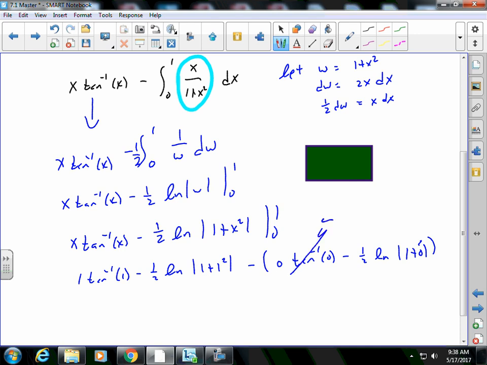This goes to 0. This will go to 0. And I'm left with pi over 4, because the arctan of 1 is pi over 4, minus 1/2 the natural log of 2. And I can drop the absolute value signs because 2 is a positive number. And that's my answer.